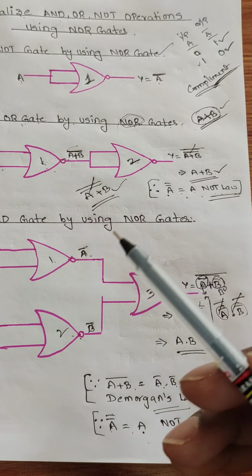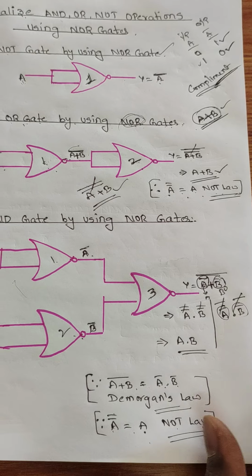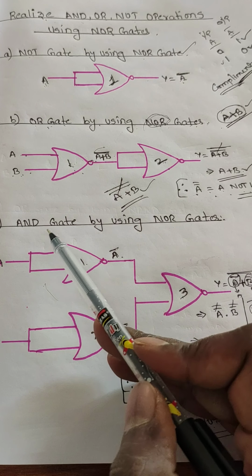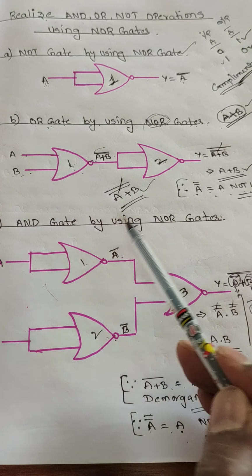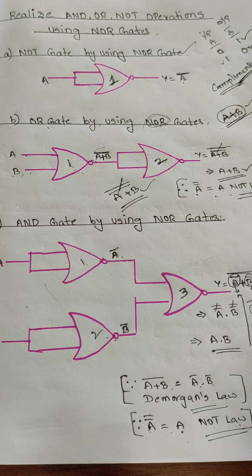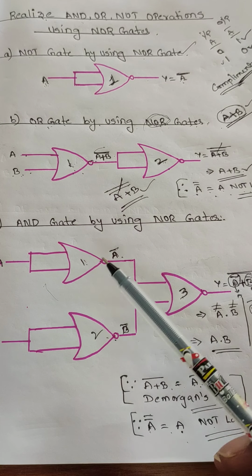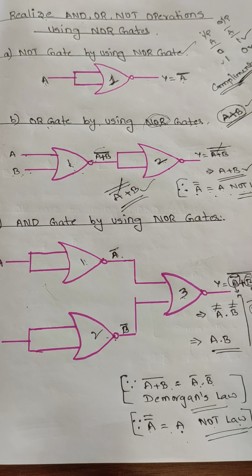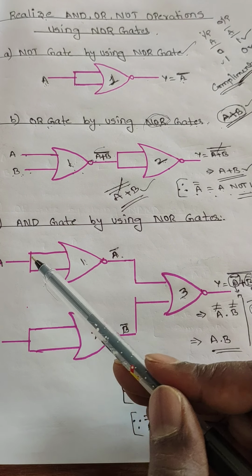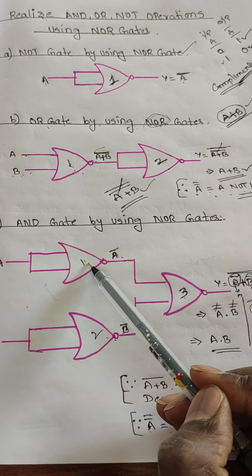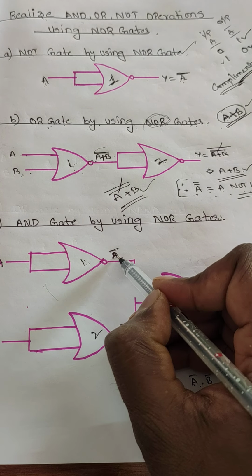Now we will see how to construct AND gate by using NOR gates. We need 3 NOR gates to construct the functionality of AND gate. For the first NOR gate, input A is given, and you will get output as it is.